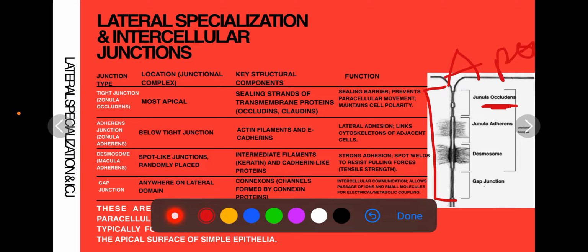The others are just below them, as you see in the drawing. And we have the desmosomes or macula adherens. They are randomly placed, they could be anywhere. And finally, the gap junctions. They could be anywhere on the lateral domain.